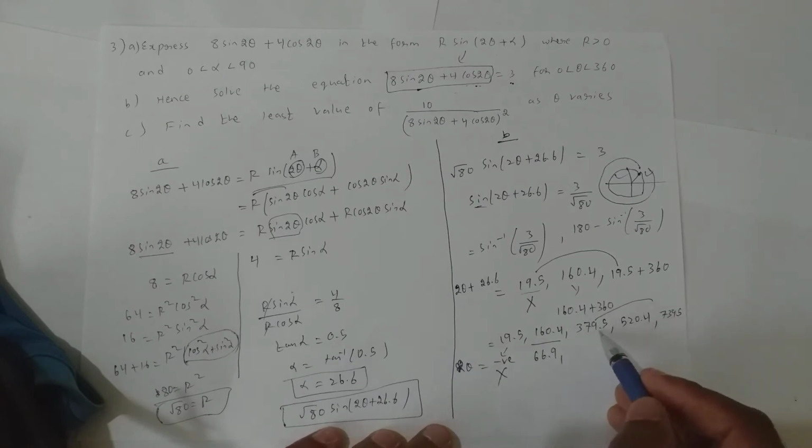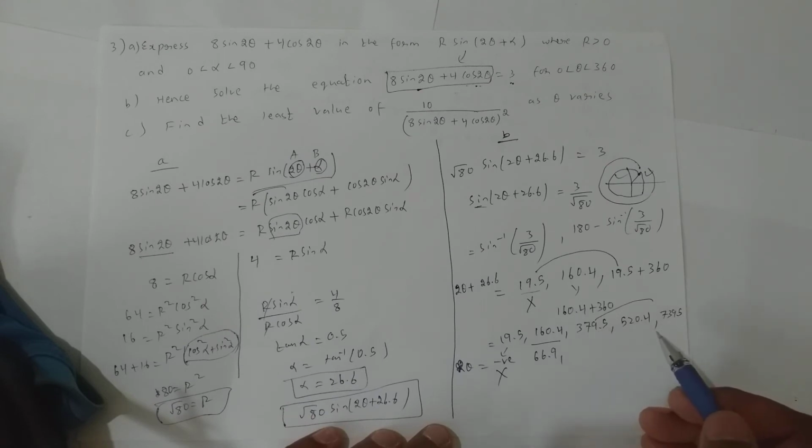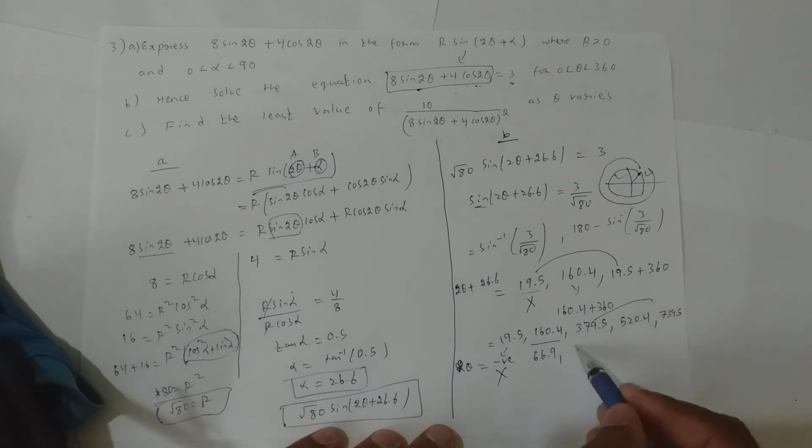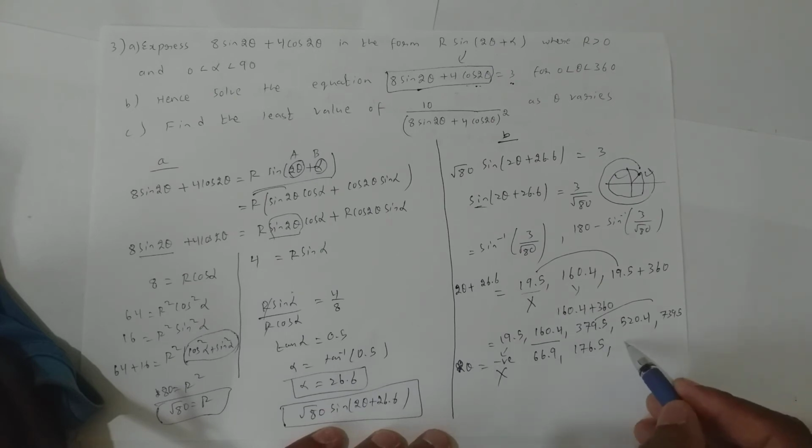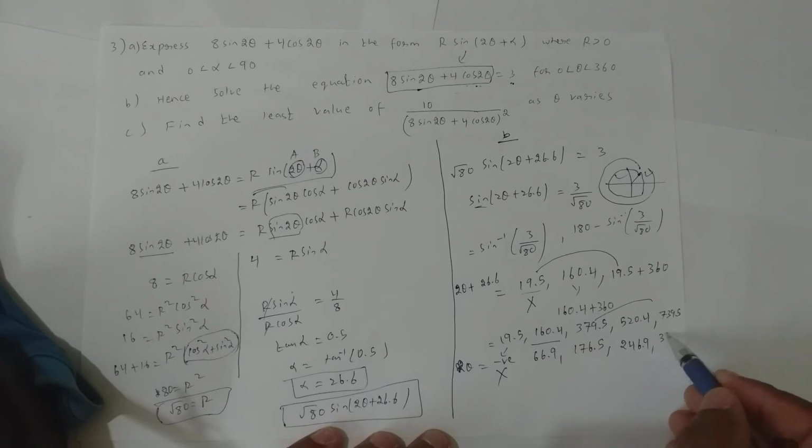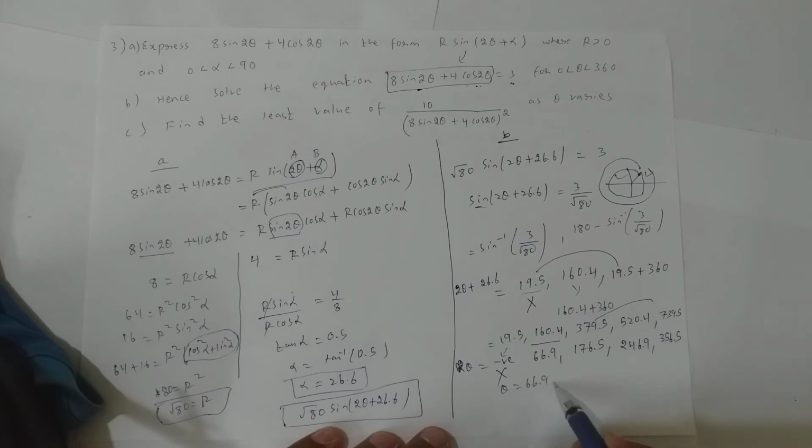Same thing here, 379.5 minus 26.6 by 2 will give me 176.5. Same thing here will give me 246.9. Same thing here will give me 356.5. So these are the values of my theta: 66.9, 176.5, 246.9 and 356.5.